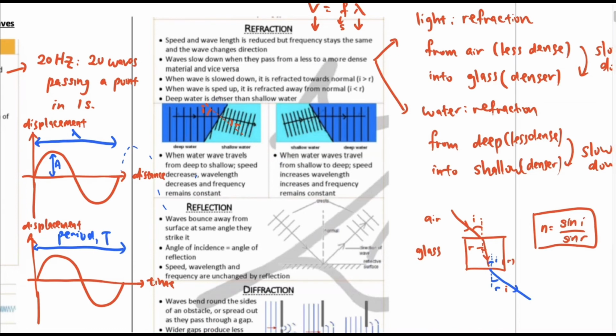This one, I don't want to take, because if I take it, then it will contradict with this one. You see, we already set up everything in this way. Deep to shallow, it slowed down. So deep has to be less dense, and shallow must be denser.